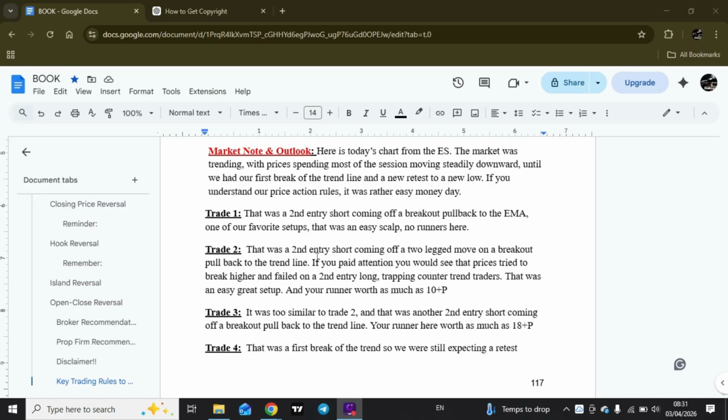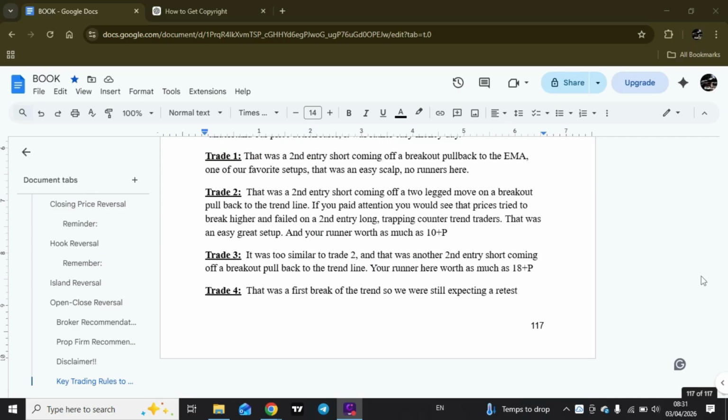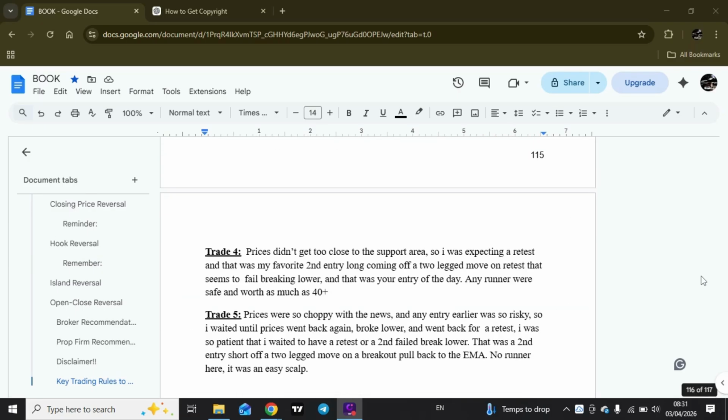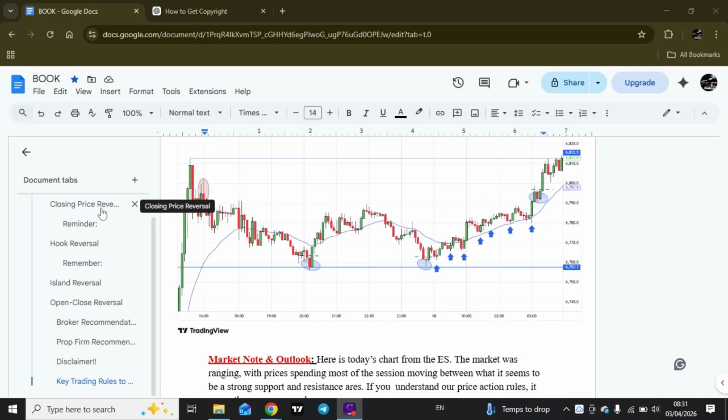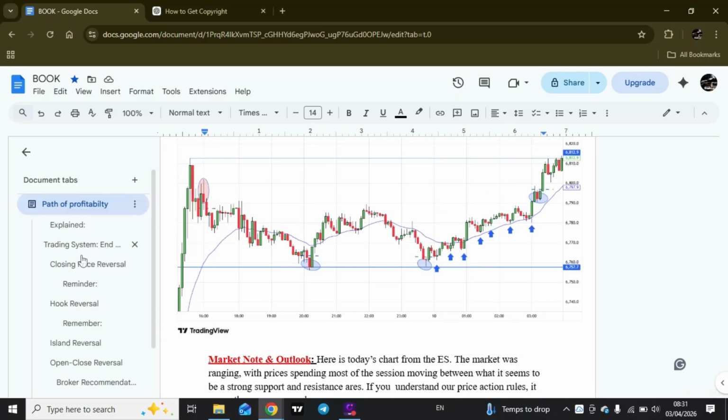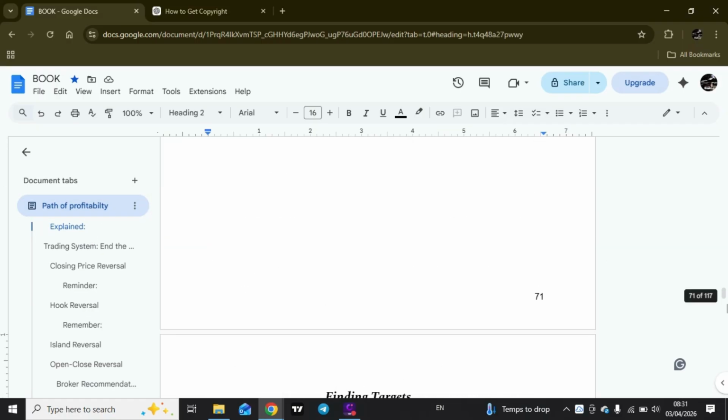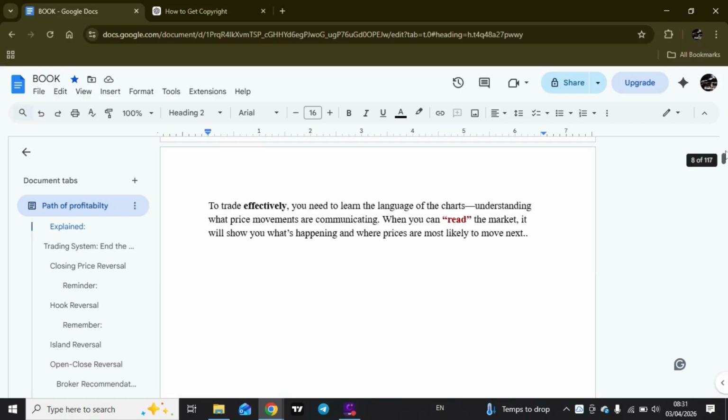Before I forget, I'm done with my book. It's 117 pages, it's right here. It's some live examples and how to trade them, explained from the start. Hold on, let me show you.